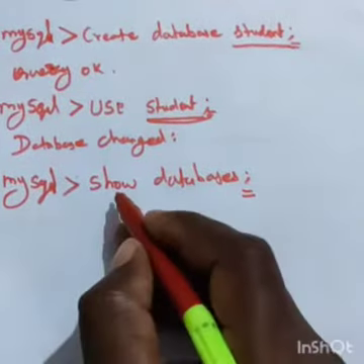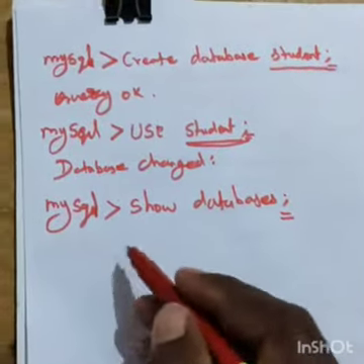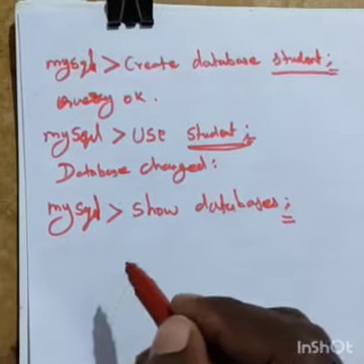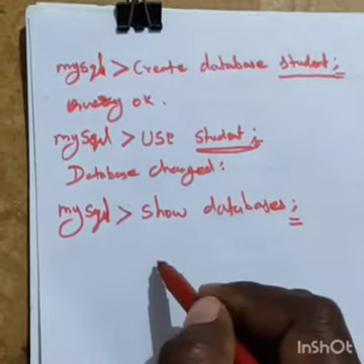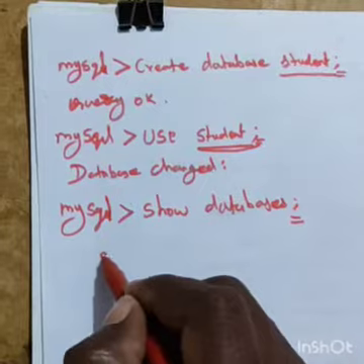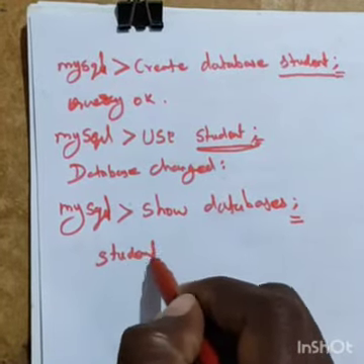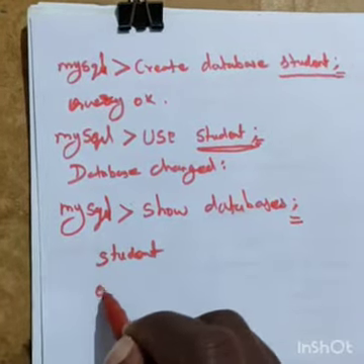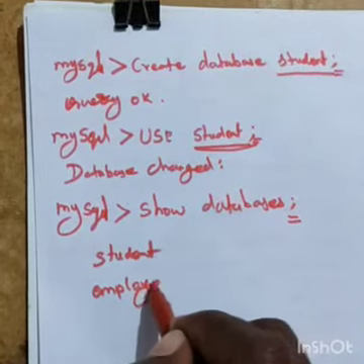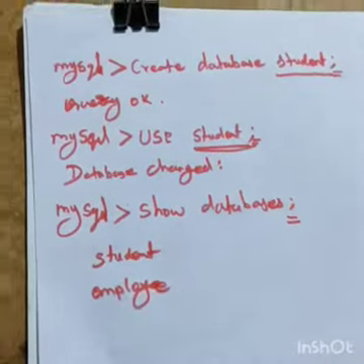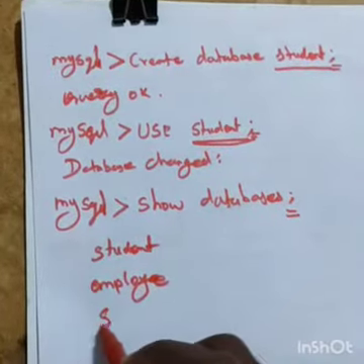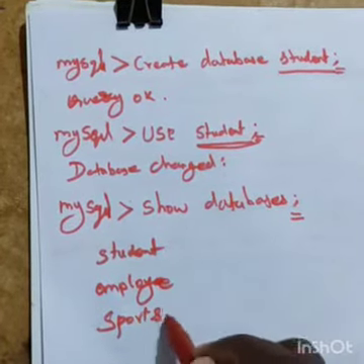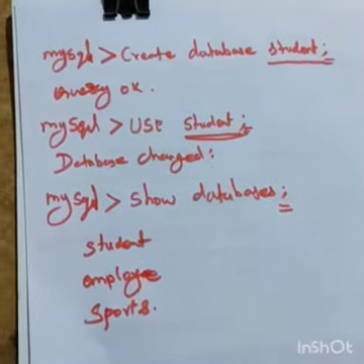Okay, good students. Now show databases means what? All the databases on your computer are listed. For example, if a student database is already created, the student database will come. If an employee database is already there, this will also display. Next, if a sports database is there, it will be listed.